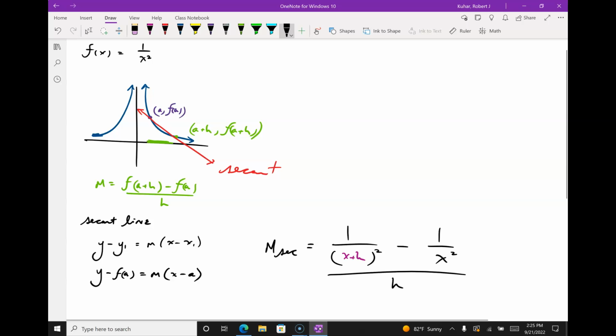So again, looking at my green piece here, this is my original function evaluated at x plus h. I'm using a on Desmos, but in general I'm going to use x. So the original function evaluated at x plus h. The key is start with empty parens. Right? If you just see that, you see 1 over x squared. See what I'm saying? I see 1 over x squared, but I fill it in with x plus h. Minus the original function all over h.